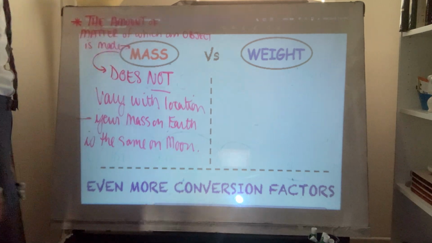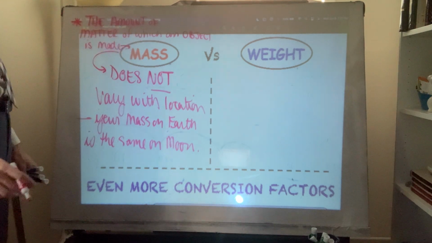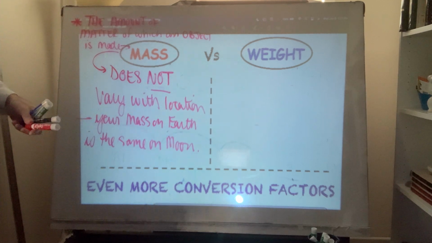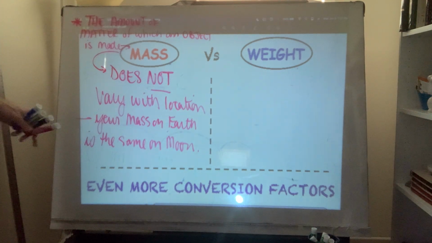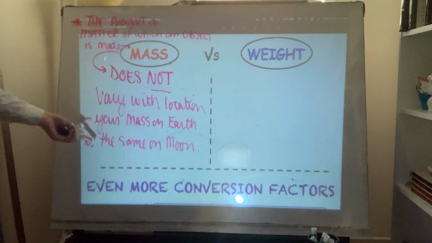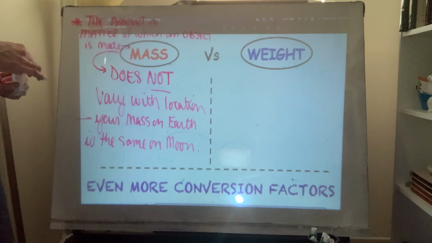That's mass. And it will consistently be the same no matter where you're standing. It does not vary with location. Your mass on the Earth, for example, is the same as it is on the Moon.